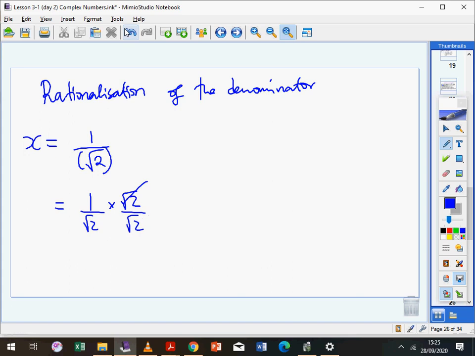But that's going to help me, because in the numerator 1 times root 2 is root 2, and in the denominator root 2 times root 2 is 2, because it's root 2 squared, which is 2. So I have been able to remove the irrational number from the denominator. I have made an irrational number become rational. That's the process of rationalizing the denominator, so that your solution can look complete, simplified, or better. That's the same principle we're following here.